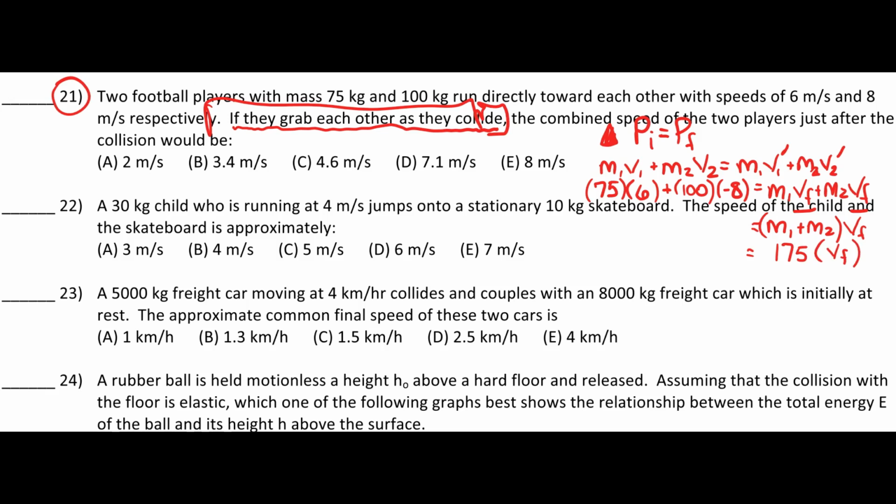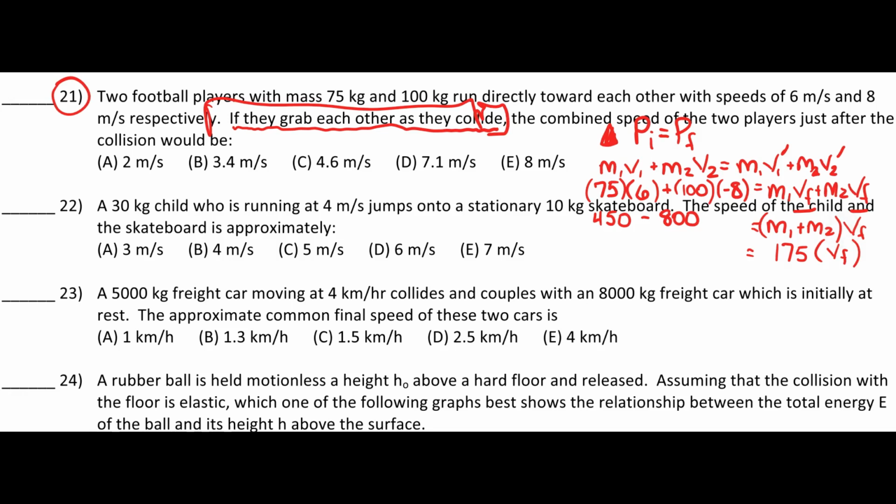On the left-hand side, I'm going to multiply these, and I'm going to get 450 here, and I'm going to get negative 800 here. And when I do that, I can see that there's more momentum going to the left in the negative direction.